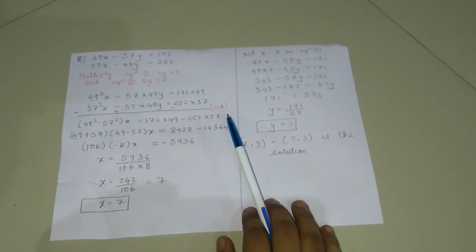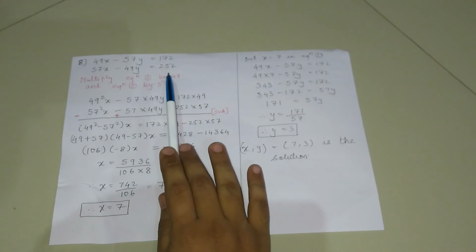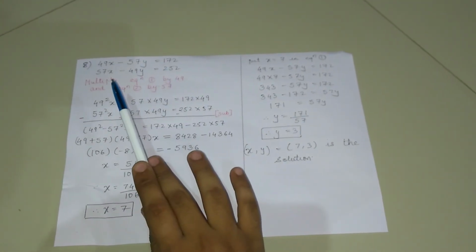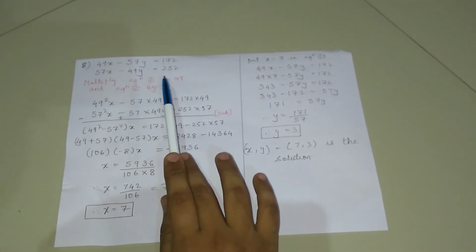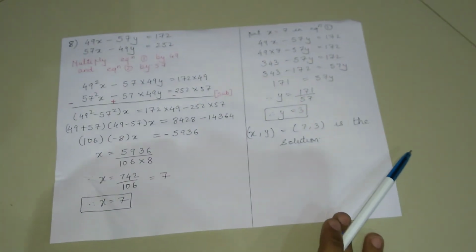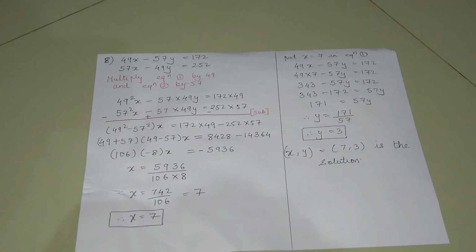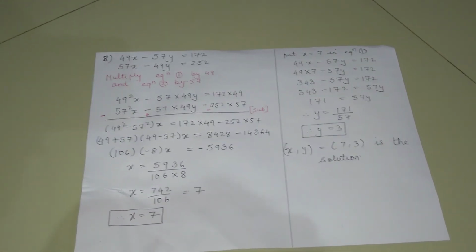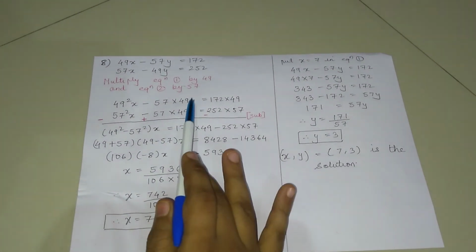So it is 49x - 57y = 172 and 57x - 49y = 252. Now we will multiply equation 1 by 49 and equation 2 by 57.